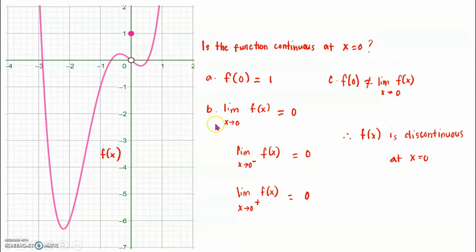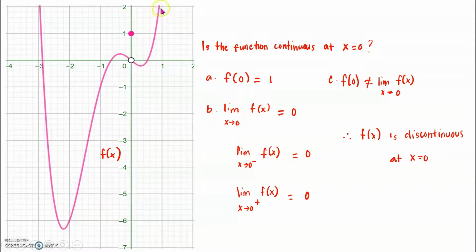Next, the limit of f of x as x approaches 0. Since we have the graph, we can easily identify the limit. Let's have first the limit of f of x as x approaches 0 from the left. Tracing the graph, as x approaches 0 from the left, we can see that f of x is approaching 0. So our left-hand limit is 0.